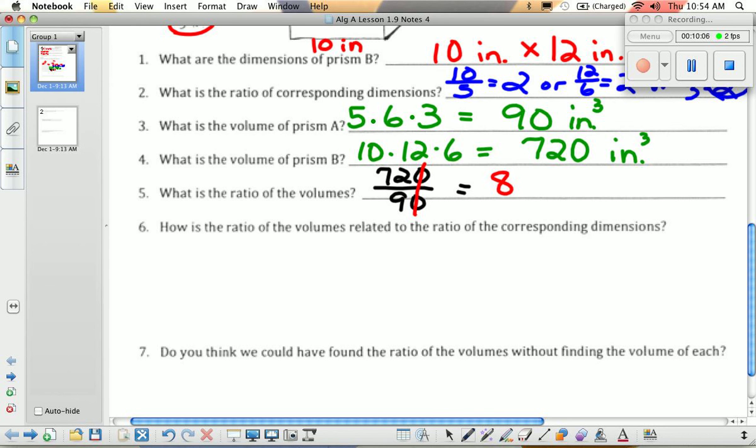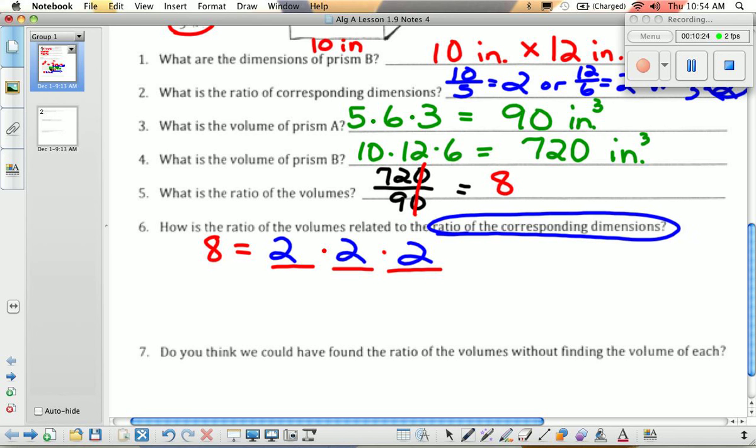So it says, how is the ratio of volumes related to the corresponding dimensions? Well, 8 is equal to what? What times itself 3 times? 2. Remember our scale factor. Remember, this is the ratio of corresponding dimensions. That's our 2, you guys, right there. We got that earlier. Up above, we said the ratio of corresponding dimensions is 2. It says, how is the ratio of volumes related?